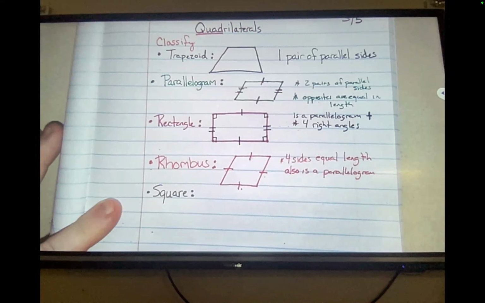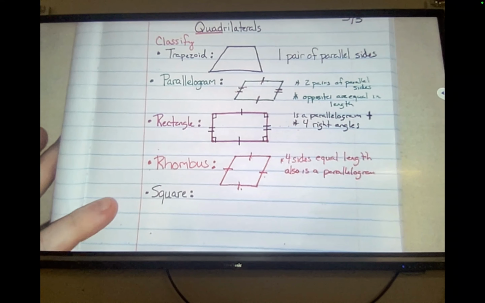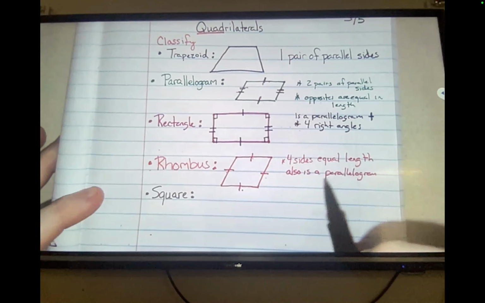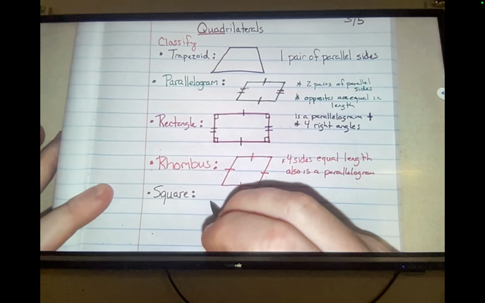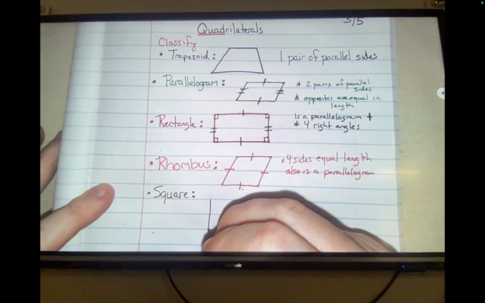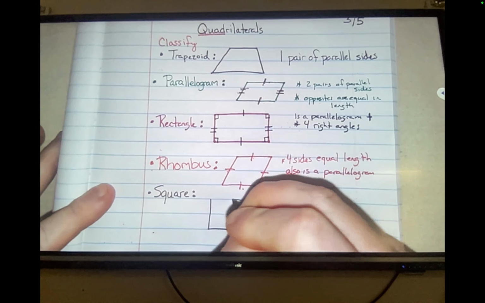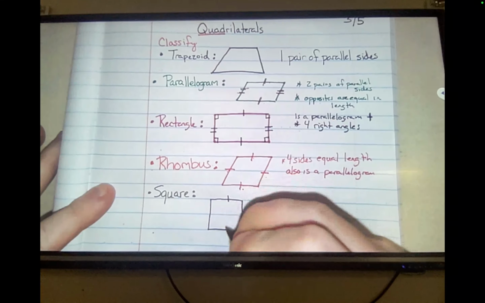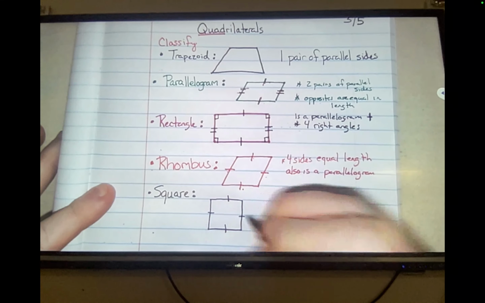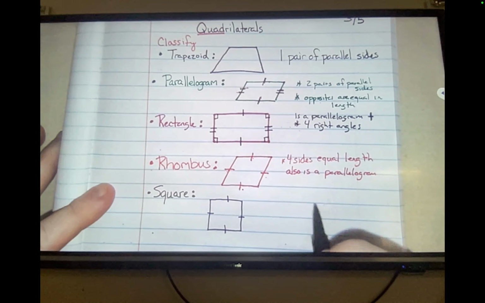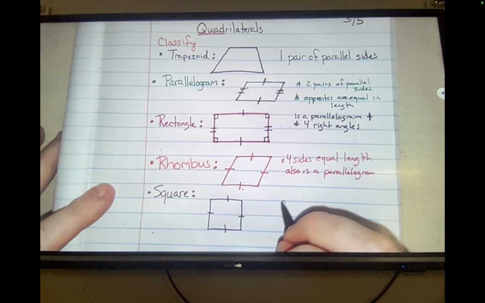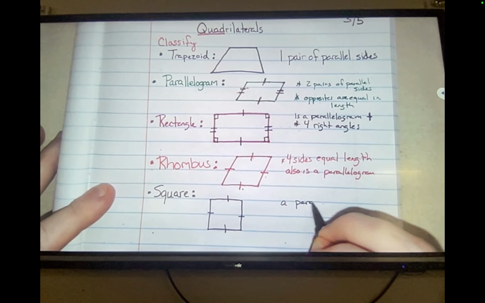And so you can already see that the square is going to be related to the rhombus because a square has 4 equal sides. So this side, this side, this side, and this side. So we can say a square is definitely a parallelogram.